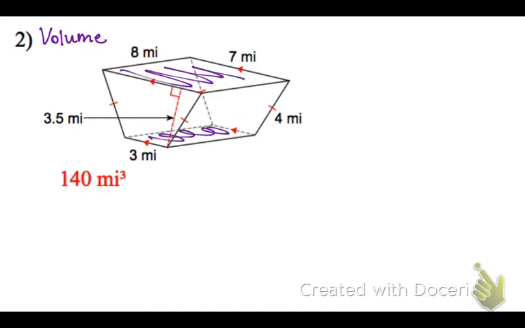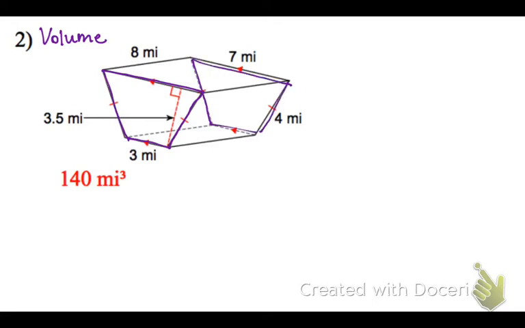So this leaves us with the possibility of having the top and the bottom bases, but the bottom rectangle is obviously smaller than the top one, and remember one of the requirements for a base is that they are congruent. And these two rectangles are obviously not congruent. So that leaves us with these two trapezoids as our bases.